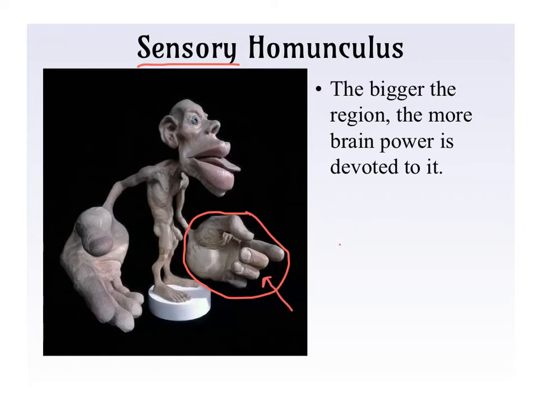And that makes sense. Your hands are very large in this guy because you need your hands to feel things. Whenever you want to feel an object to see what it feels like, you use your hands. You don't use your arms. Although, you do feel things with your arms as well, you don't have nearly the same amount of sensory receptors as you do on your hands or on your lips, mouth, and tongue.